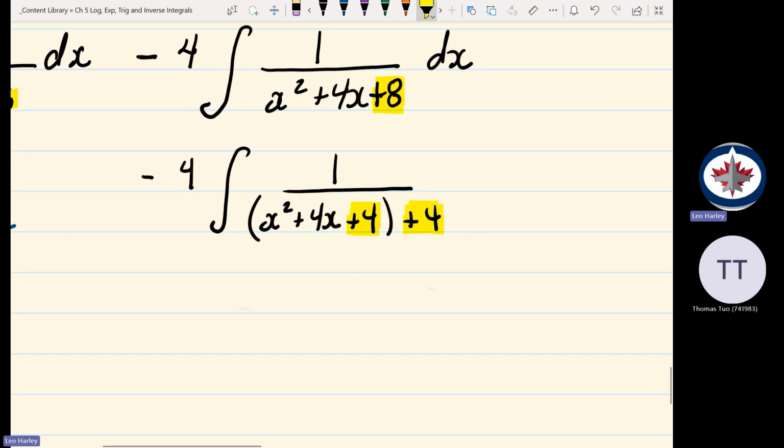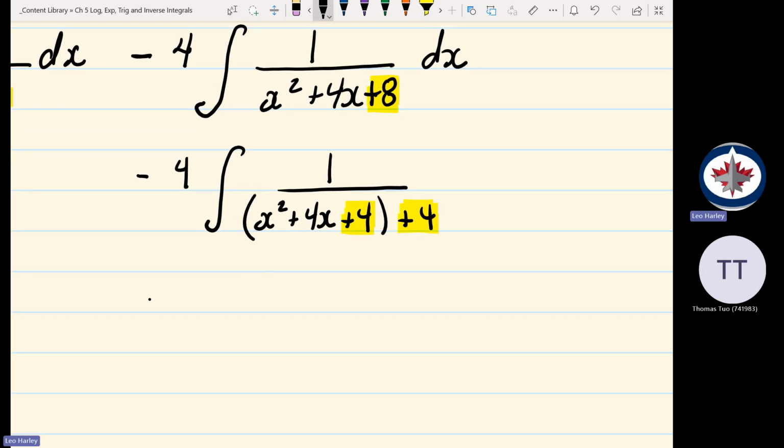And if we move forward with this side of the question, you get minus 4, the integral of 1 over, I can change the order just for my own satisfaction, put the constant first, plus, isn't this now just x plus 2, all squared?